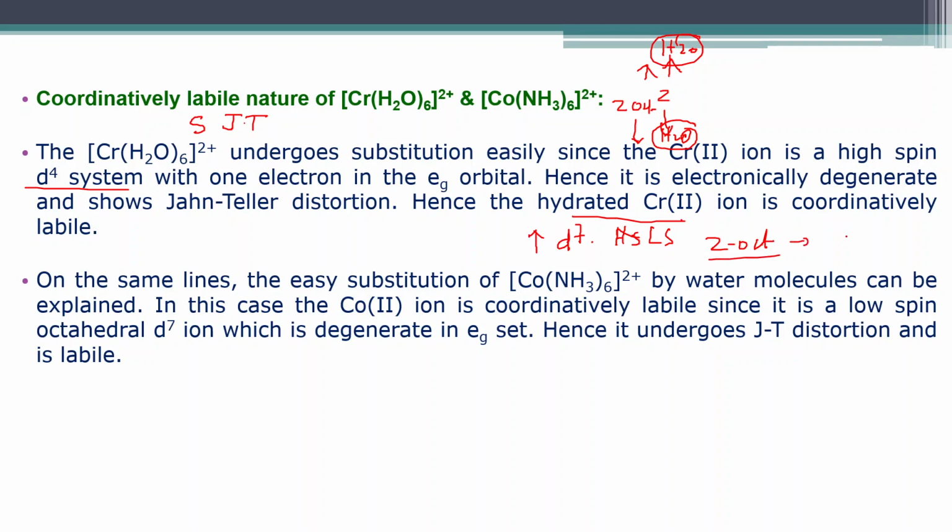Because of the Z-out distortion, because of the strong Jahn-Teller, the NH3s on the Z axis can be easily substituted by another ligand, and this is also a consequence of Jahn-Teller, both in the case of [Cr(H2O)6]2+ and [Co(NH3)6]2+. Their labile nature can be explained by Jahn-Teller distortion.